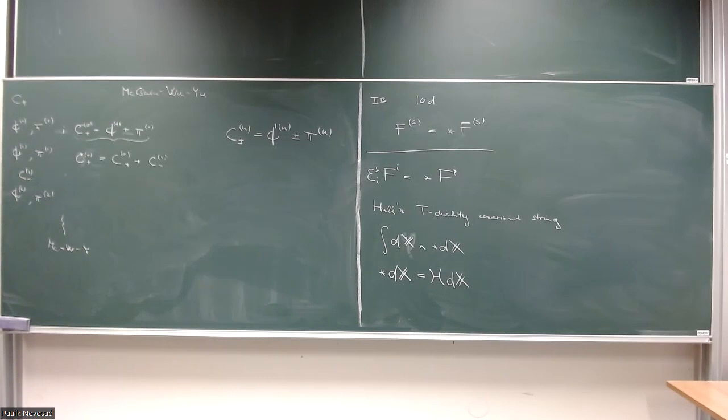It's just that when you start writing down the cohomology, you have these implemented fields, and they need to use this OSP(1|2) algebra to find the physical content in the Hilbert space.